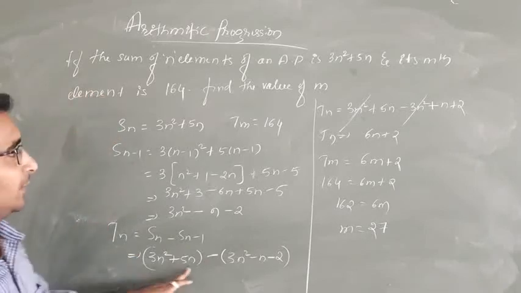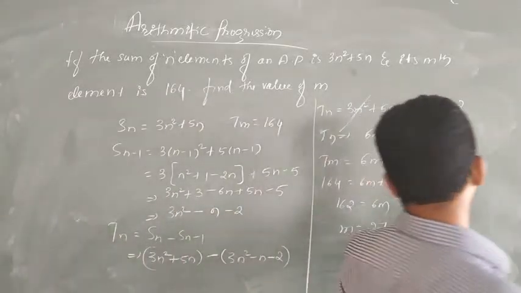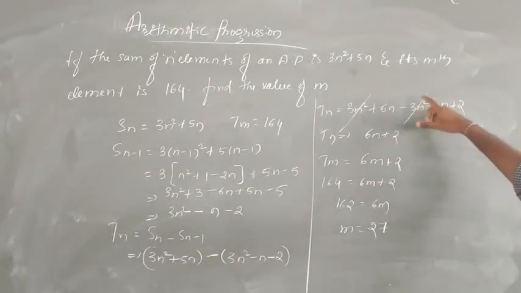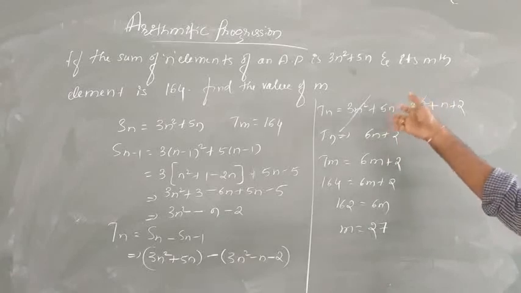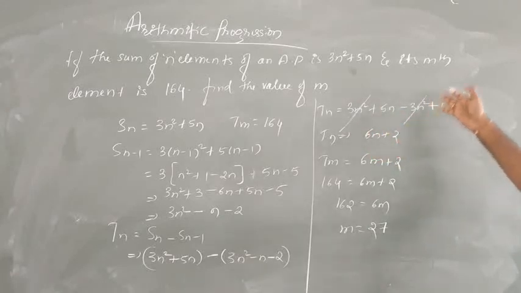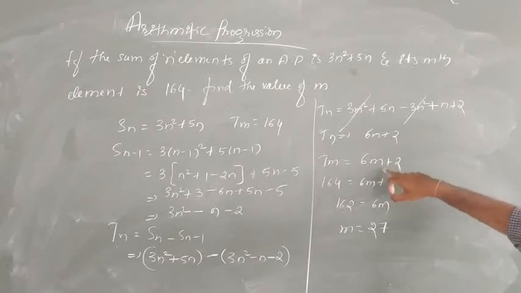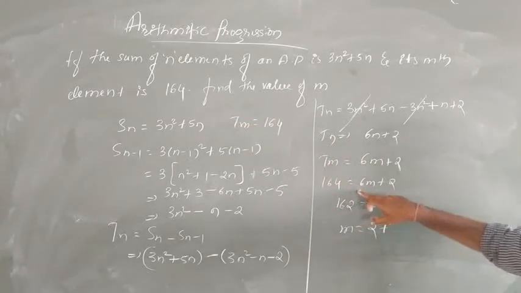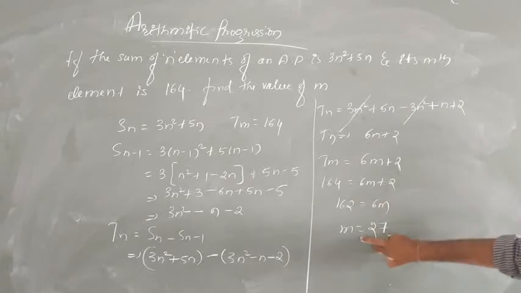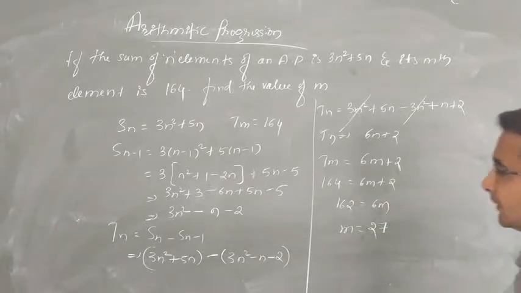Then I get its nth element as 6n plus 2. So in place of n I substitute m. Then I compare with the given value: 164 is equal to 6m plus 2. Then I get its m value as 27.